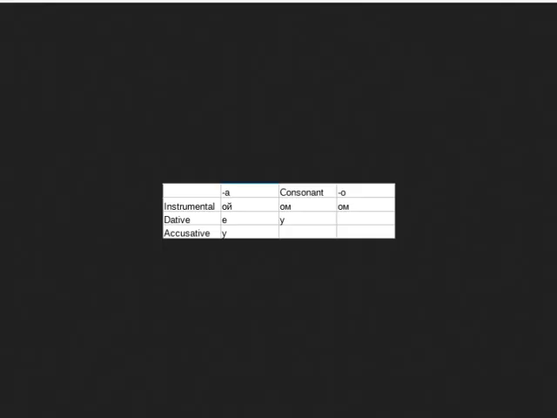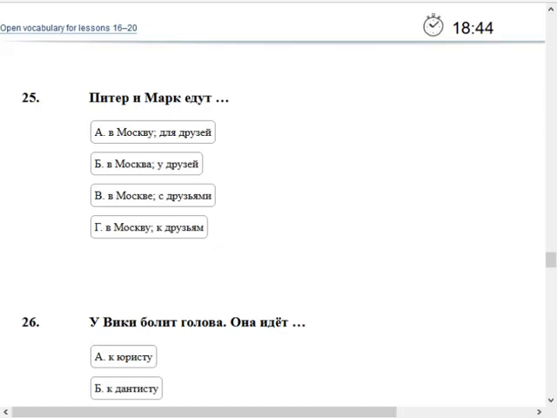So that's why I put the accusative there. I almost got mixed up there. Down there at the bottom, you can see there is accusative, which I only put because I think this is the only case where you use accusative in this test. Accusative, when you have a noun that ends in a, it becomes u. So if they went k Moskva, then it would be k Moskvie. But if they went v Moskva, then it's v Moskvu. So it could be the first one or it could be the last one.